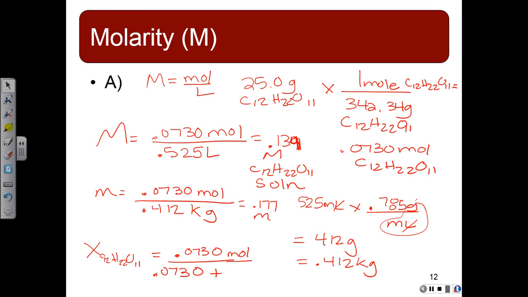If I add up the molar mass of ethanol, about 46.08 in 1 mole, we get about 8.94 moles.